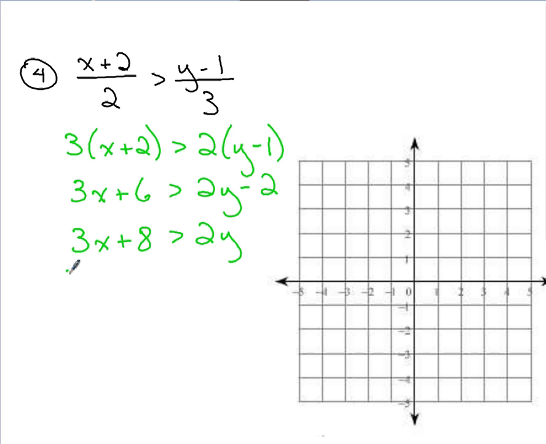Dividing everything by 2, I've got 3 halves x plus 8 divided by 2, 4, greater than y. Now, if you're into flipping things around so it looks a little more left to right like the y equals mx plus b form, I could do that, but understand the symbol has got to go with this. So right up here it's pointing at the y, still needs to be pointing at the y down here.